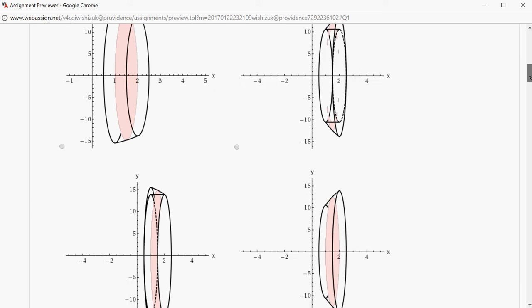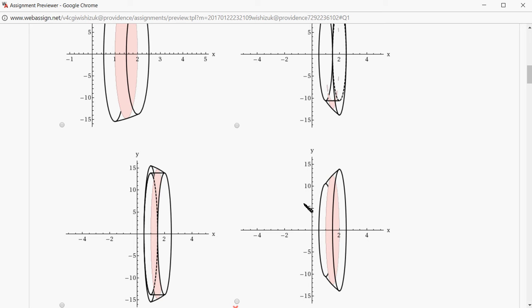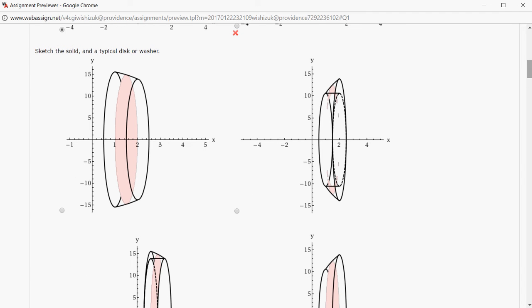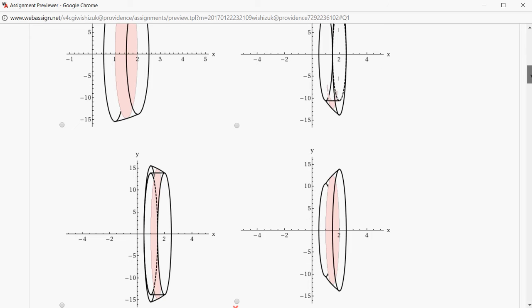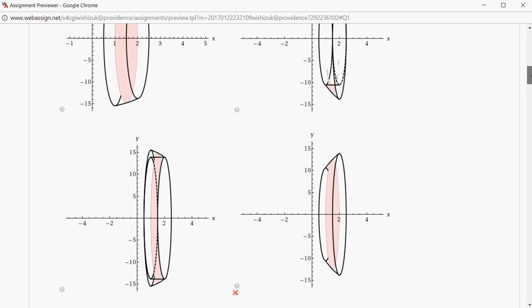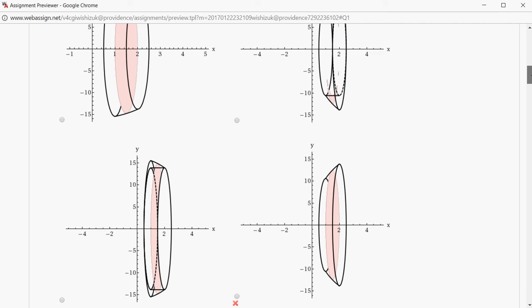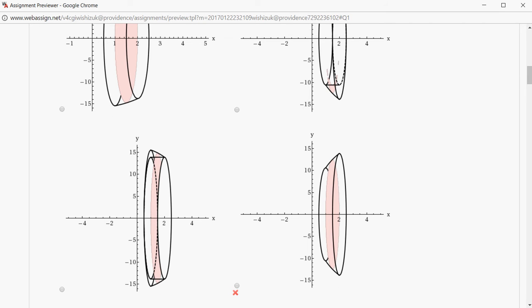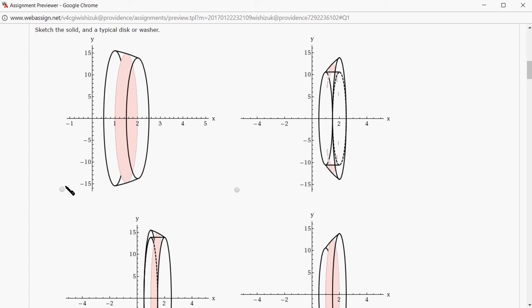The fourth one is not going to be it, and the third one is also promising. What's the difference between the first one and the third one? The x-values go from 1 to 2, and the fourth one has a hole in it. So it looks like this one is the winner.